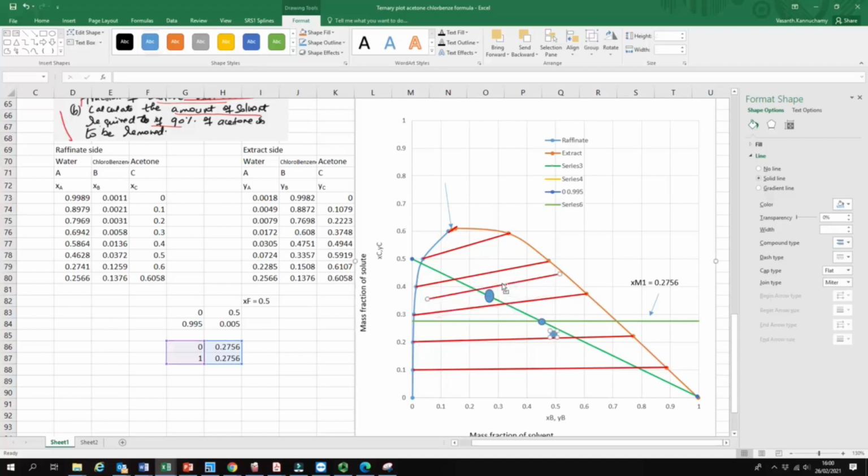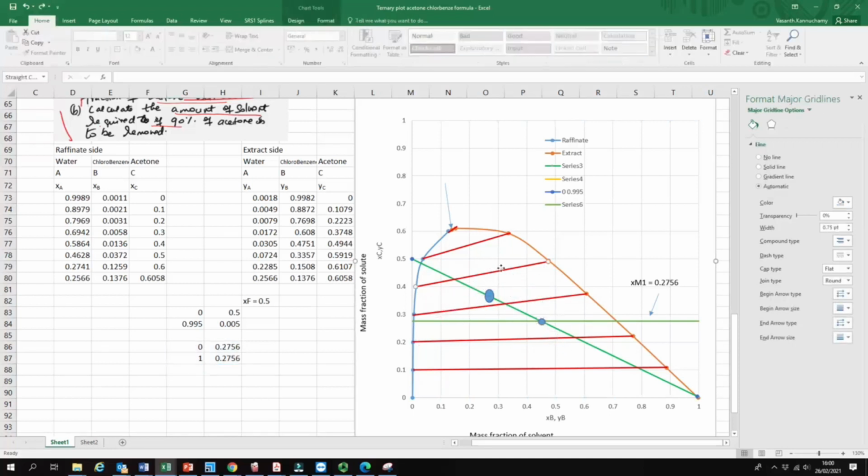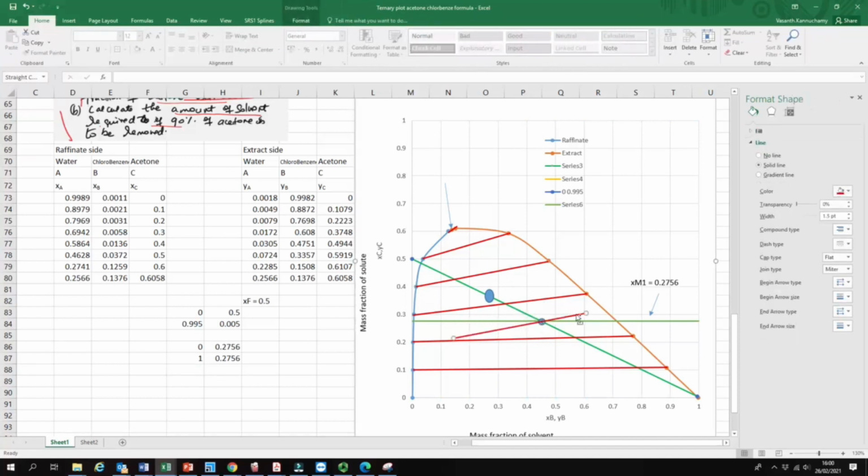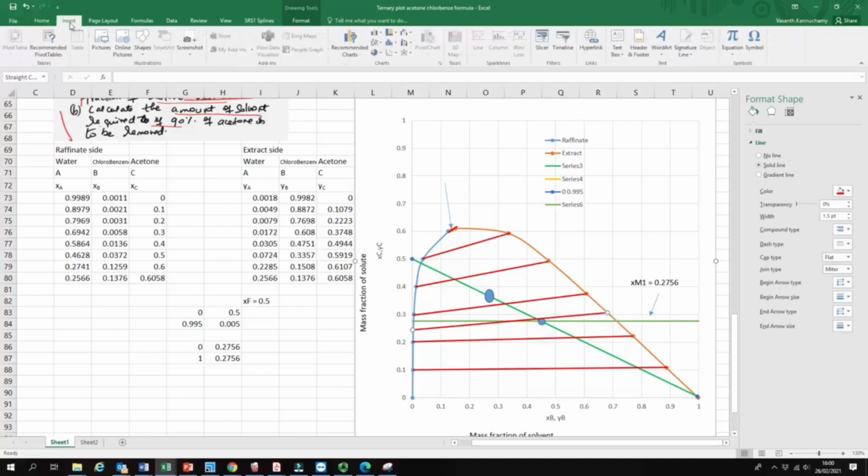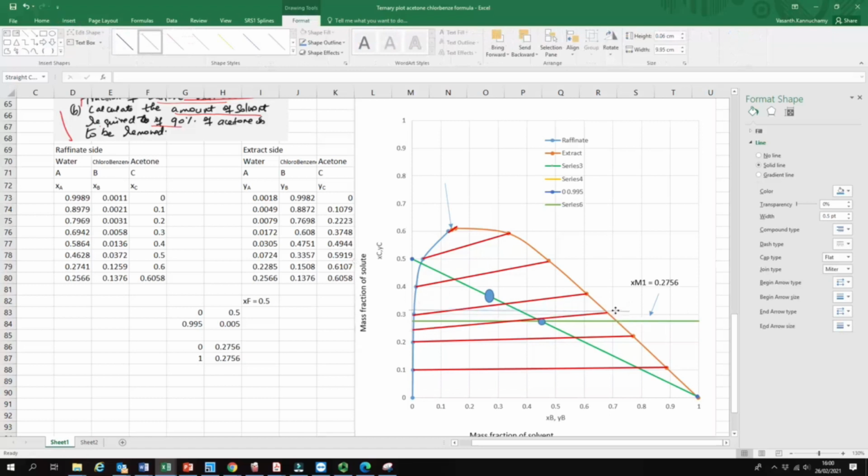This is not the correct tie line. But if we have a tie line, something like 1 and then 2, just imagine this is our tie line. If you have any line like that, this blue line, wherever it hits on the y-axis, that will give the mass fraction of your solute in the extract.